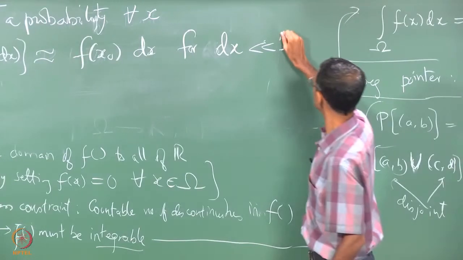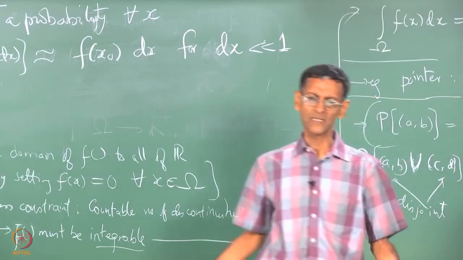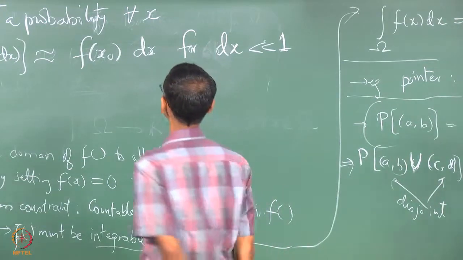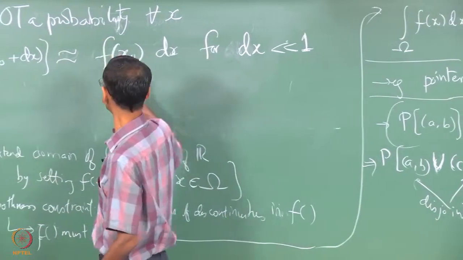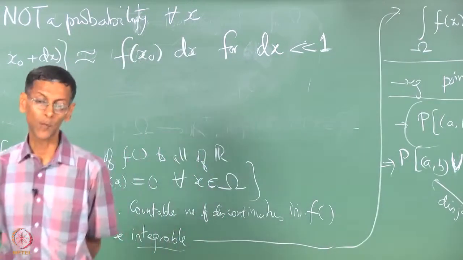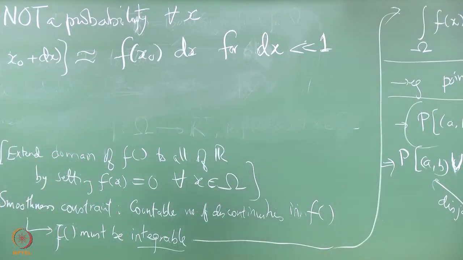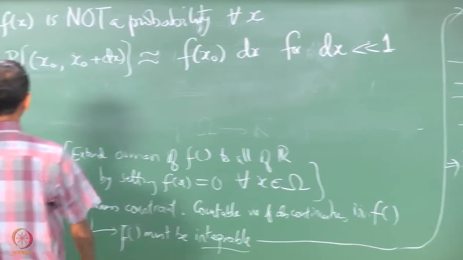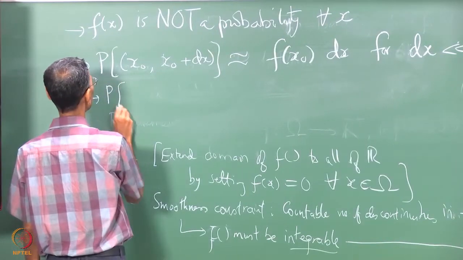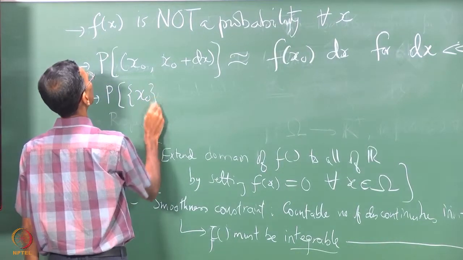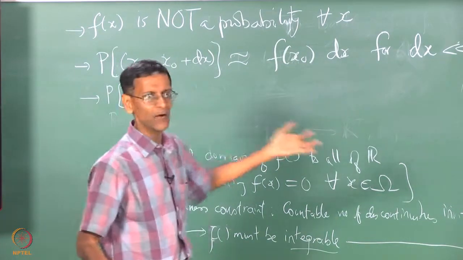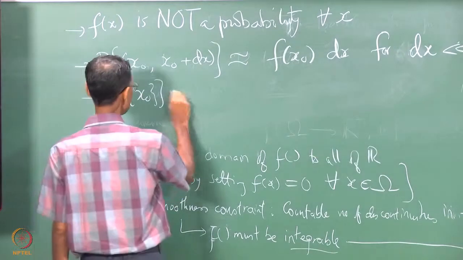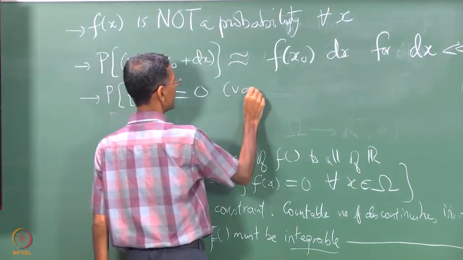So when dx is much smaller than 1, which means it is a small increment, this is the connection between f and probability, that is the probability of any small interval. We already said this yesterday, p of x naught for any x naught in omega or wherever, I said 0, but you can think of it as being vanishingly small.